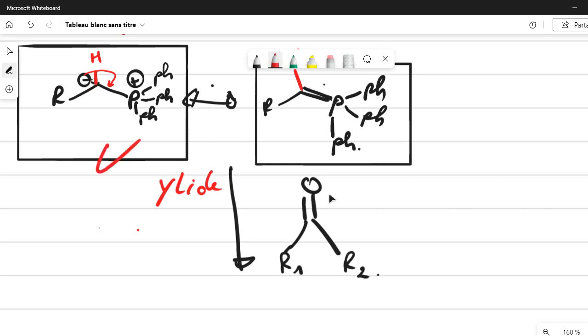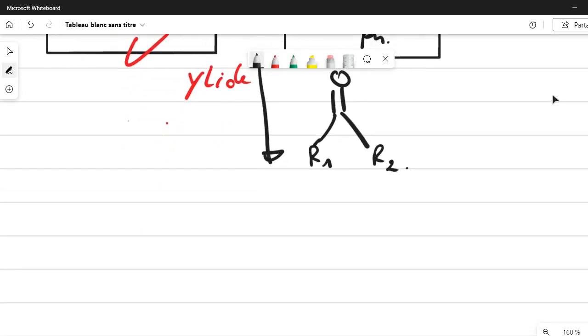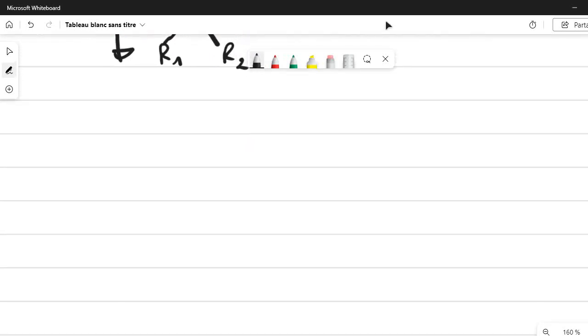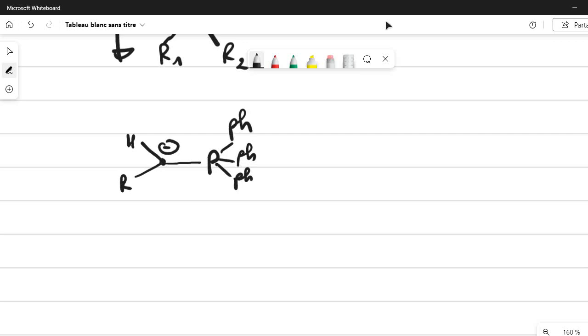I prefer this form, so we can write both of them here. The first form was R, and here we had an H with a negative charge, and we had PPh3, like this. We also had a ketone, like this, R1 and R2.